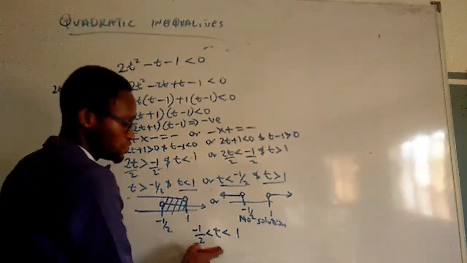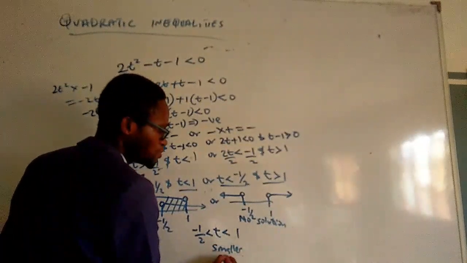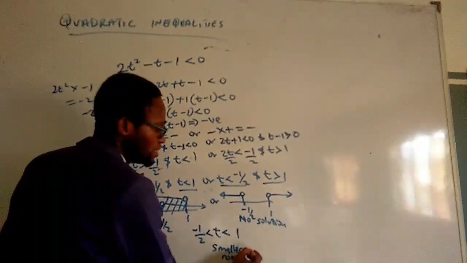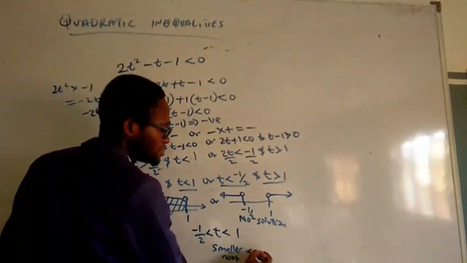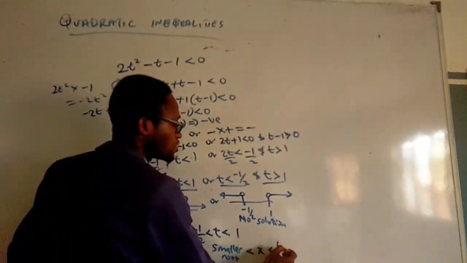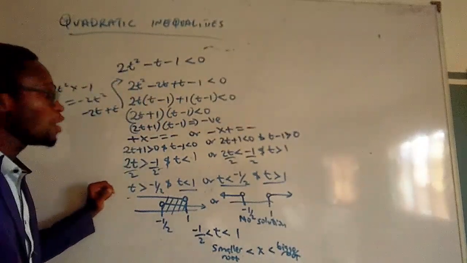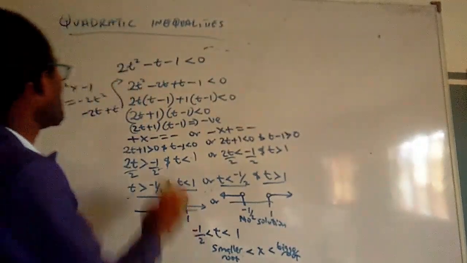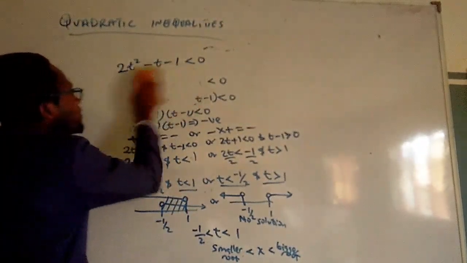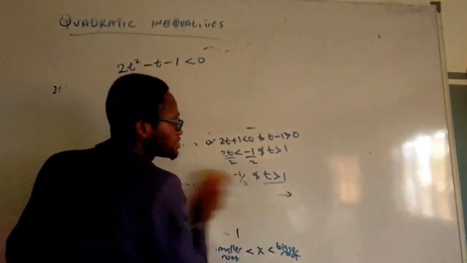If you look at this, the smaller root is less than the variable we are looking for, which is less than the bigger root. I won't forget it.